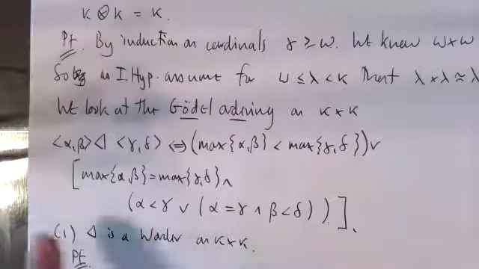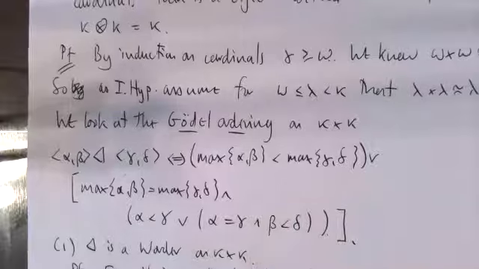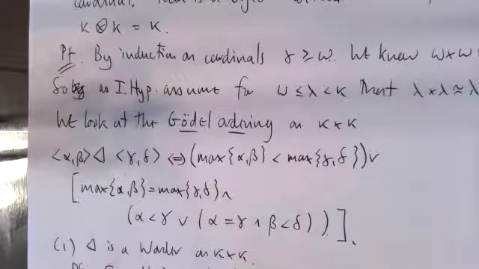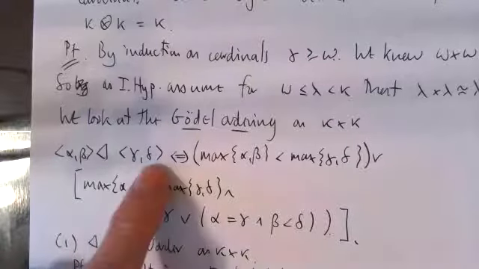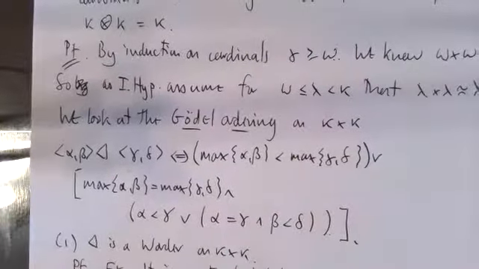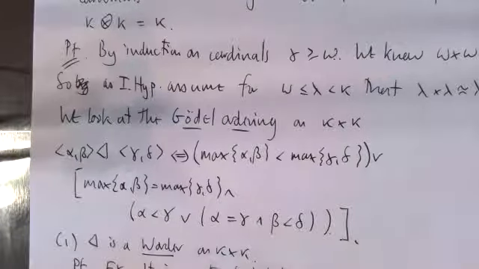I'll just leave you to find out that it's a strict total order. Given any pairs alpha, beta, gamma, delta from kappa cross kappa, one of these three things is going to happen. So either one is going to be less than the other or the other way around. So this is an exercise.